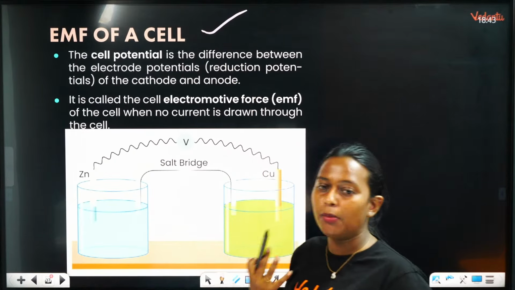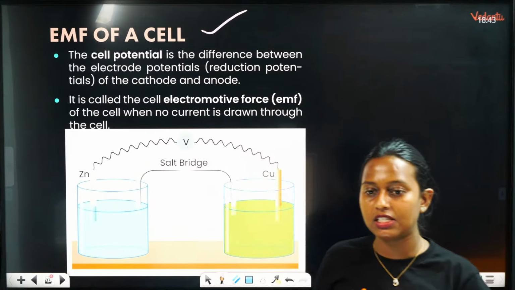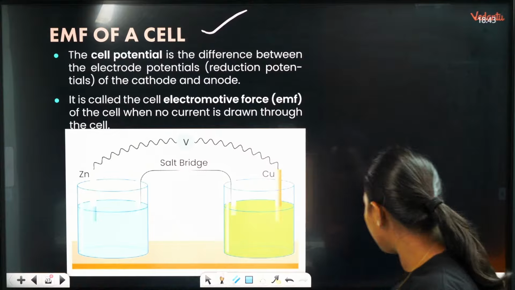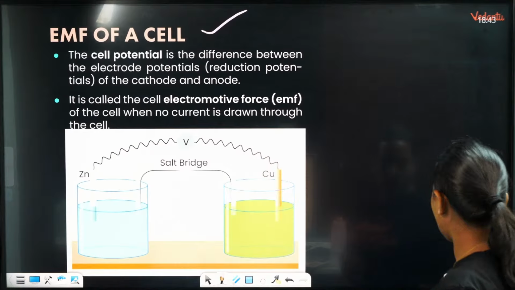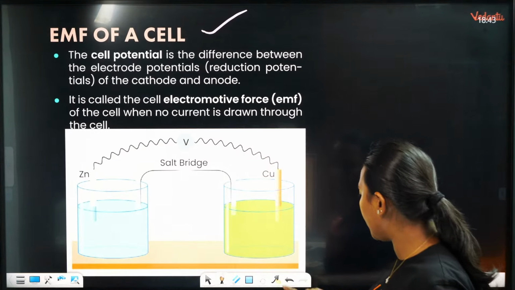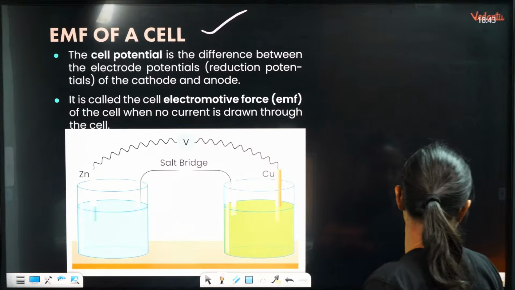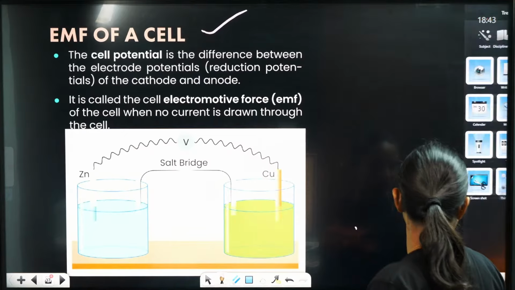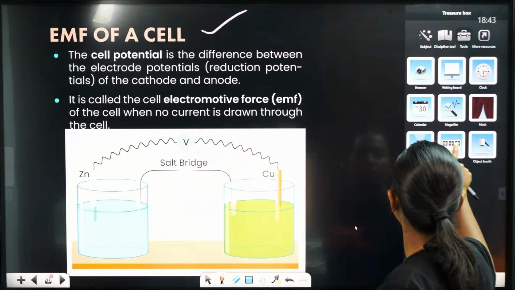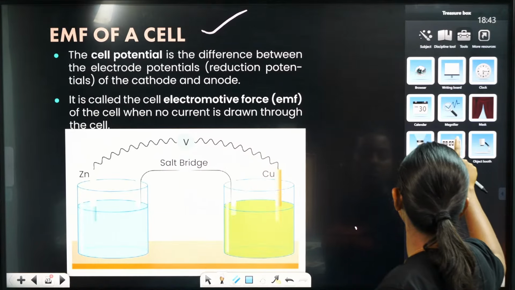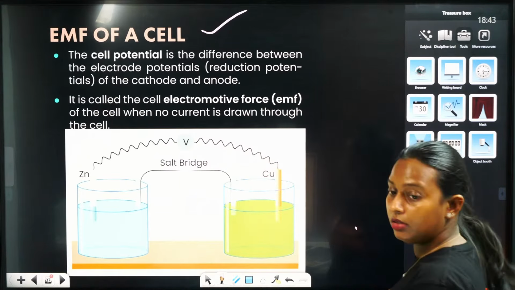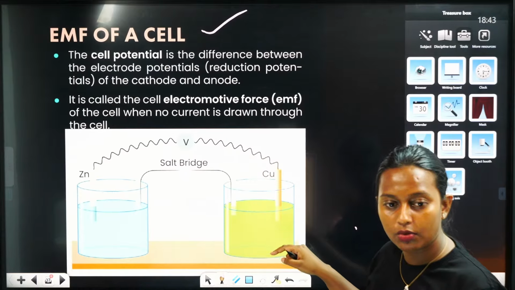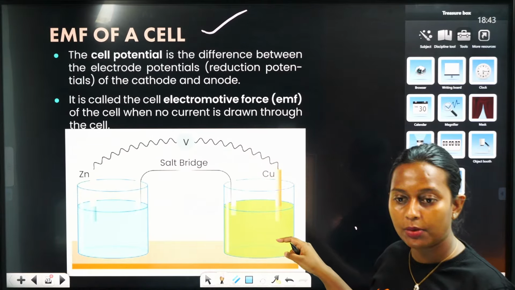Then next is EMF of a cell. What is actually EMF of a cell? Before that, I will give you a 5 minutes break. Can I give you a 5 minutes break?